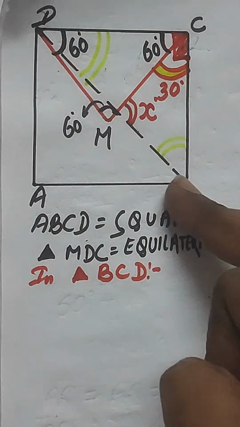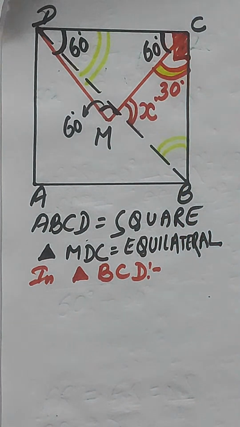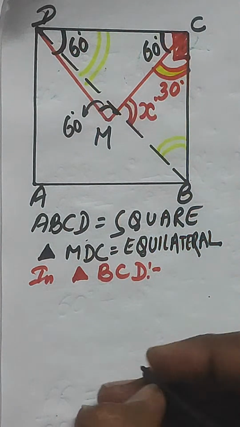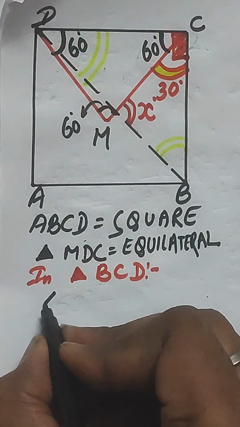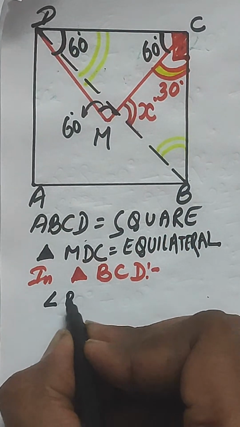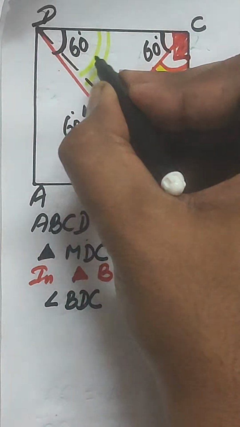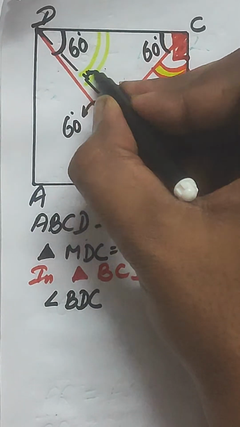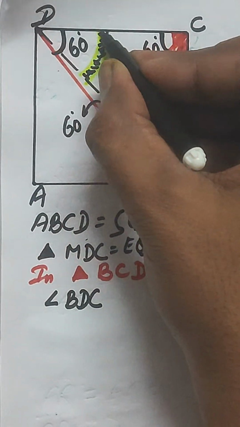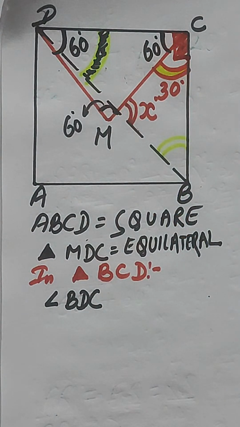How? Because in triangle BCD, angle BDC, this angle I'm saying, right?